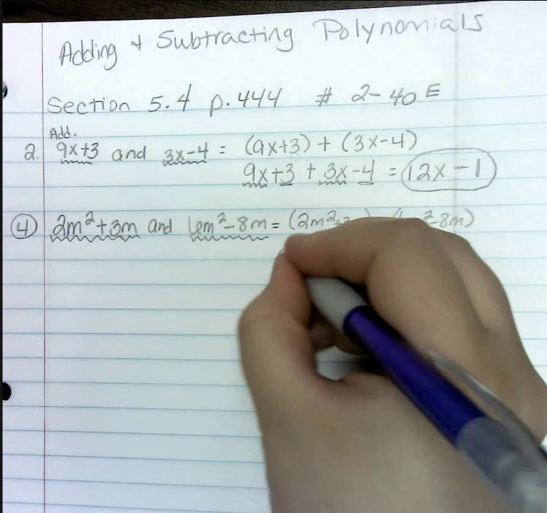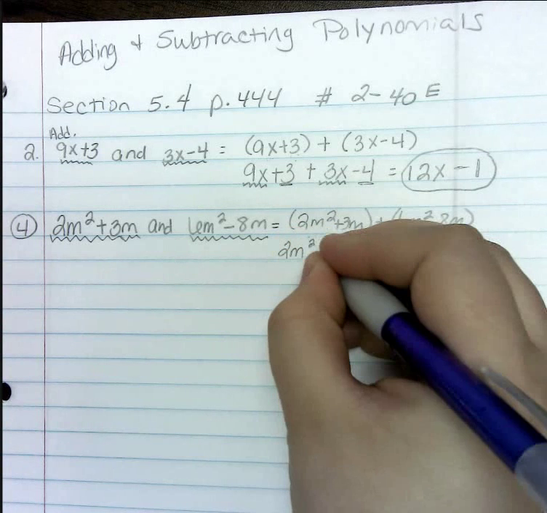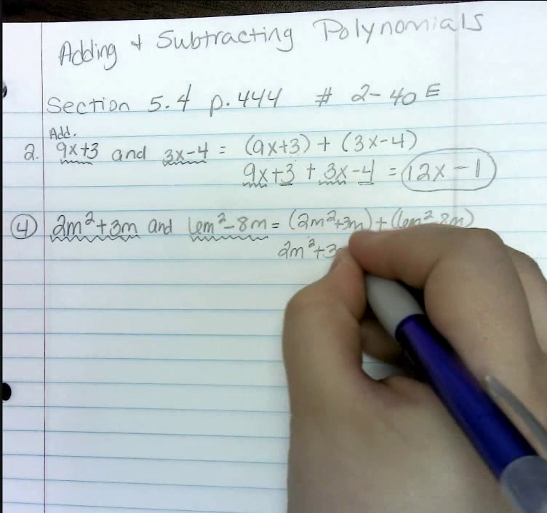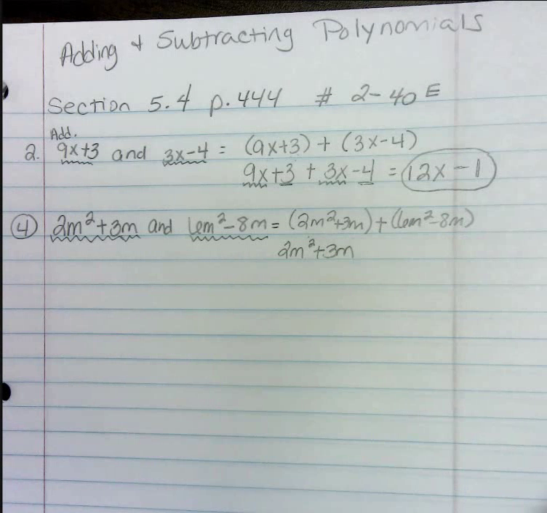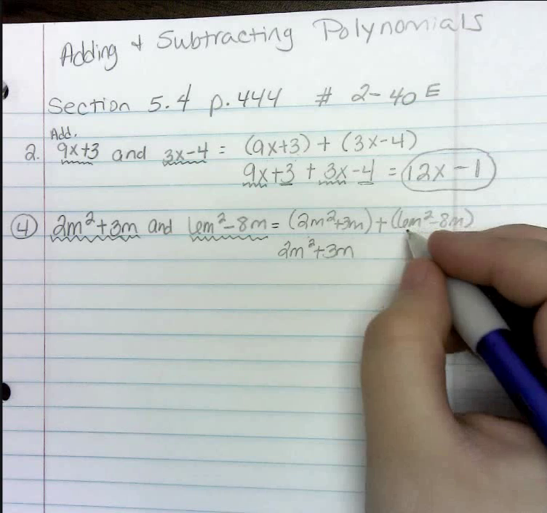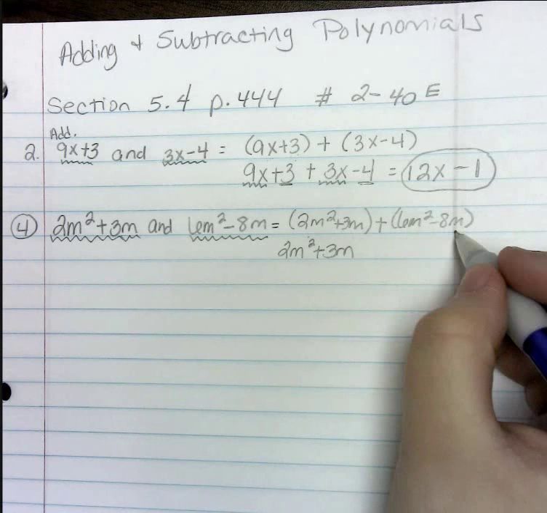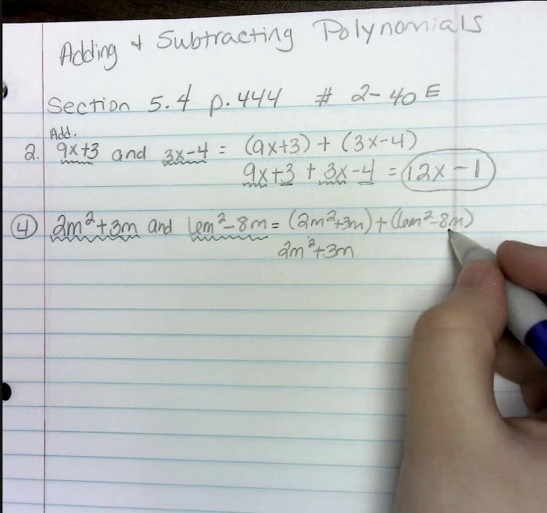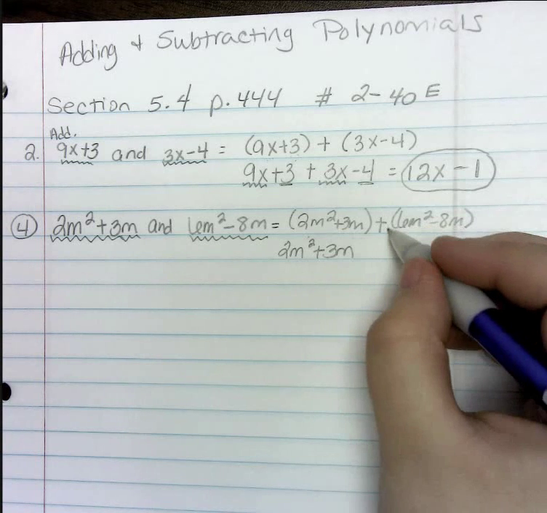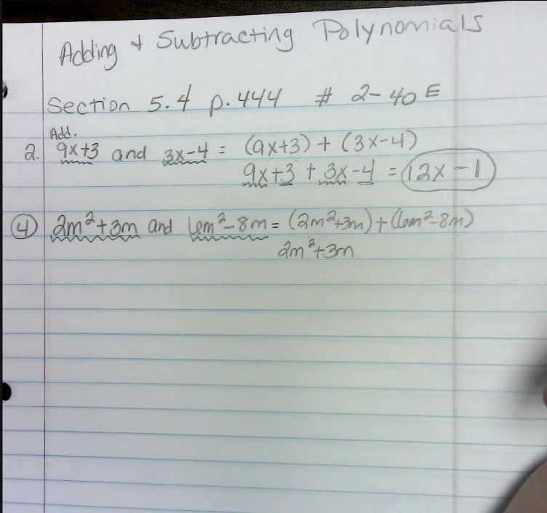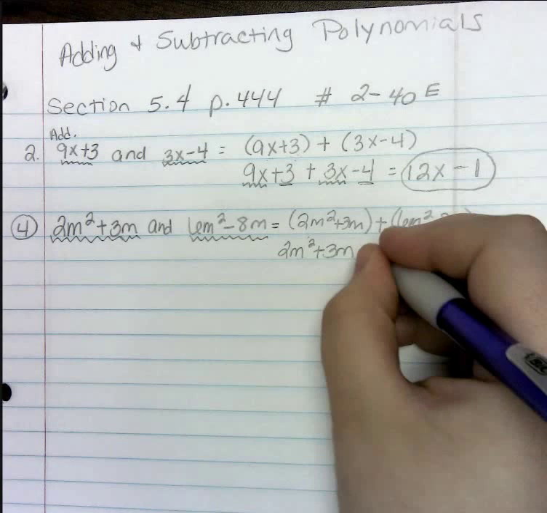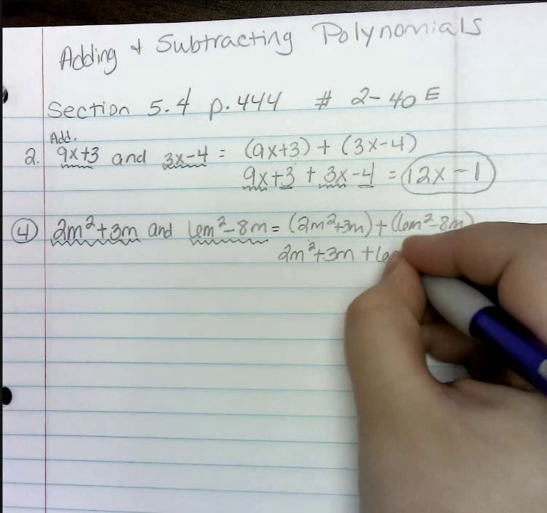So we have 2m squared plus 3m. And then when we look over here, I've got 6m squared minus 8m. Can I combine my 2 terms? The answer is no. Is there anything multiplying out in front other than that 1? No. So we can release the 6m squared minus 8m from the parentheses as well.